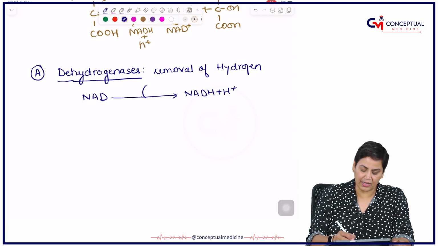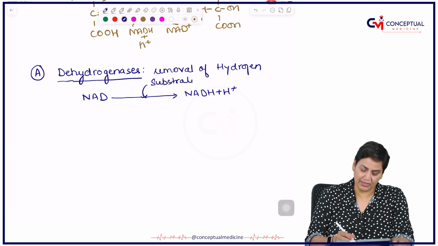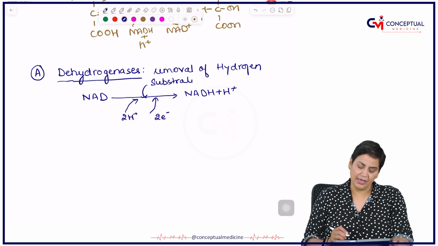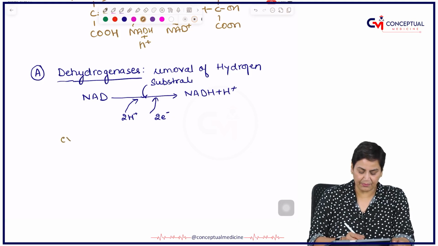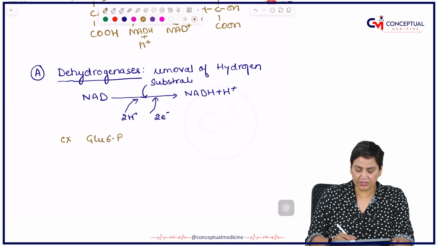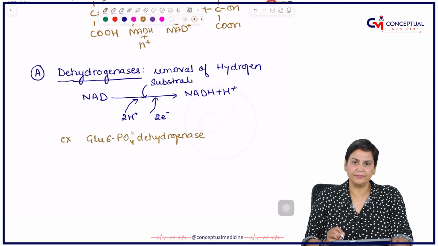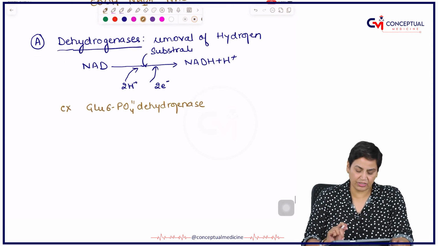The substrate will come, along with this, 2 protons and 2 electrons will also come. An example, again, if we talk about NAD, the example is glucose 6-phosphate dehydrogenase, which is a rate limiting enzyme of HMP shunt. This is one example of dehydrogenases.